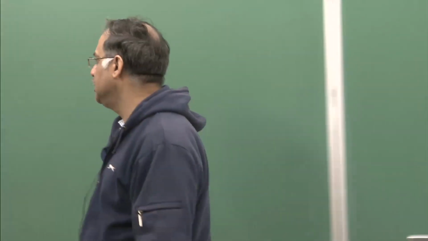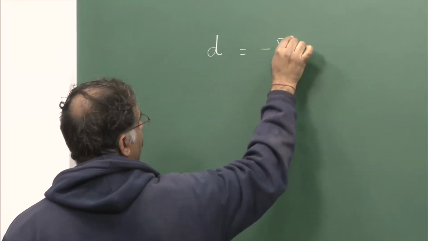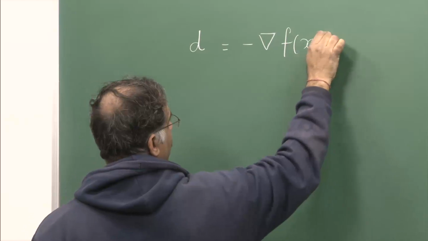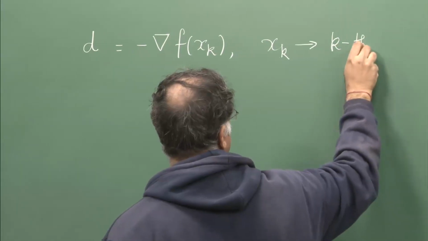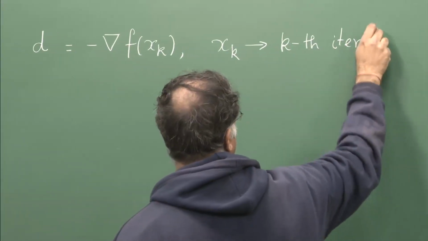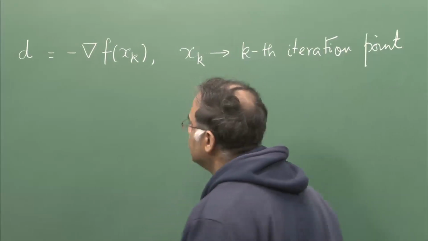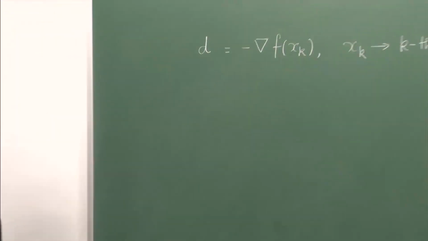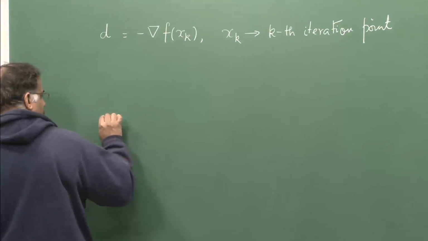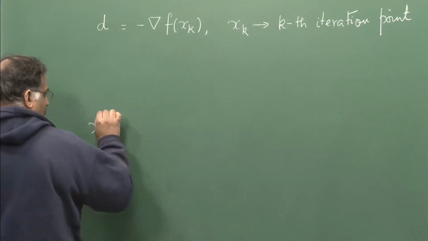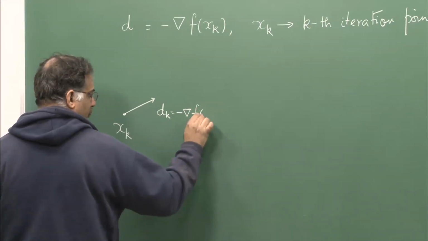In the steepest descent method, what you have is that your d is the negative of grad of f(x_k), where x_k is the kth iteration point. What we want to show is the following: here I have x_k, and suppose my descent direction from here is d_k, which is negative of grad f(x_k).